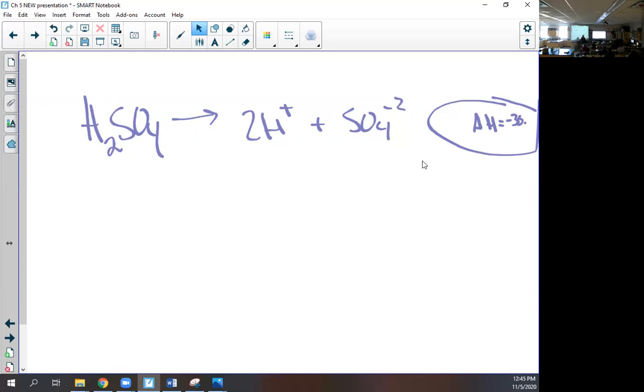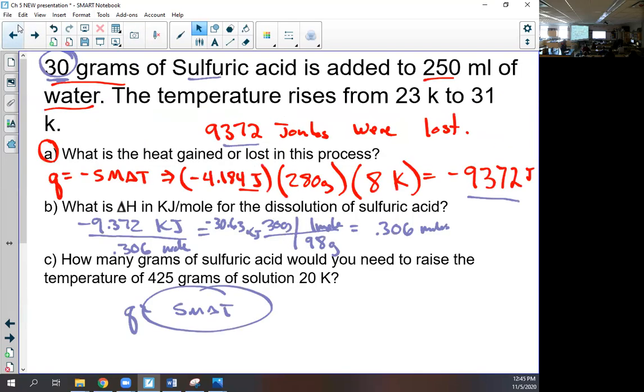Okay, well, let's move on anyway. We're going to do more, but that's what we just solved for. The kilojoules per mole is this delta H. Yes, Fabian. And this is because it's giving out energy because the molecules are breaking. Breaking means energy, joining means using energy, right? Sometimes it requires energy to break though.